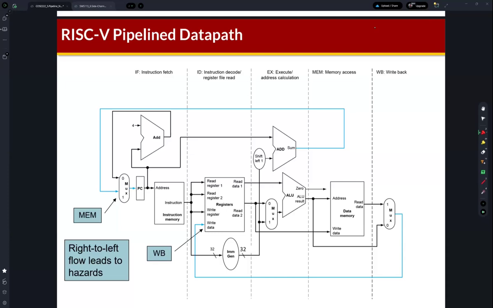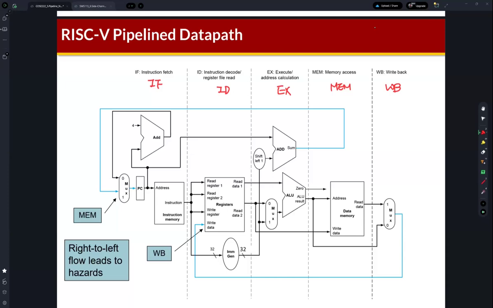The 5 operations are, and this is also important, instruction fetch, instruction decoding, execution, memory, and write back.